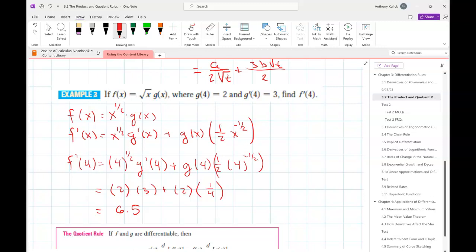Emma? How did I get what? This? That? I did the derivative of x to the 1/2. So I did the power rule. So the 1/2 times x to the 1/2 minus 1. 1/2 minus 1 is negative 1/2.